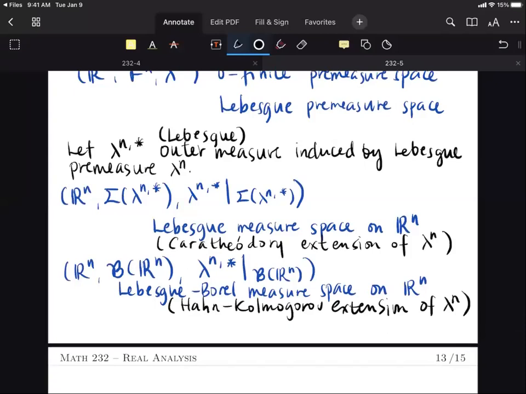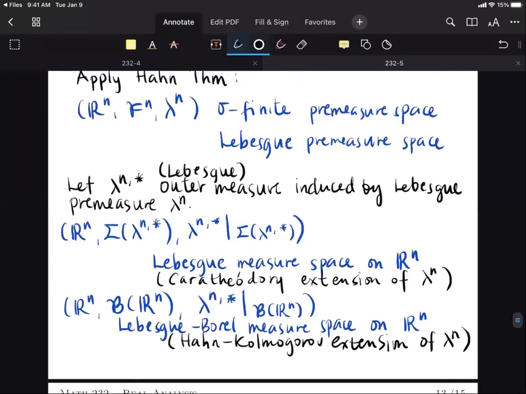Okay, so there are two ways that we could extend the Lebesgue pre-measure space on the elementary figures, and that is by the Caratheodory extension, and we get the Lebesgue measure space. And the elements of this sigma algebra will be called the Lebesgue measurable sets.